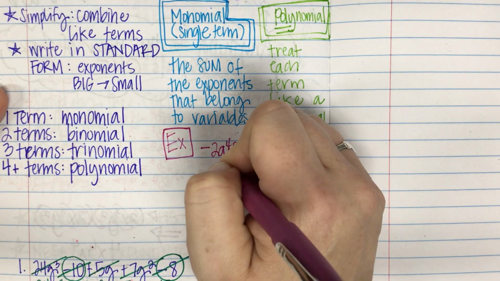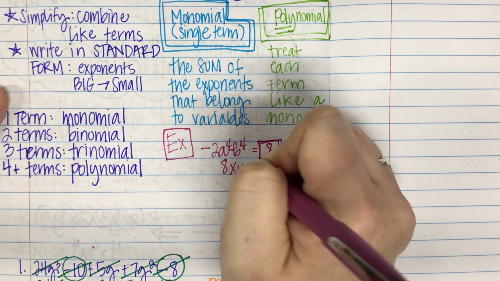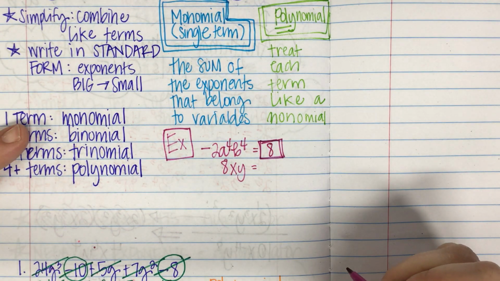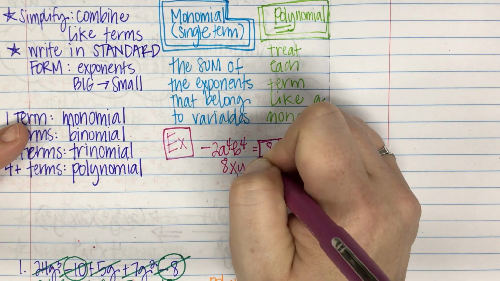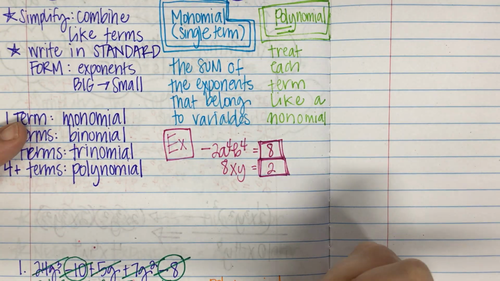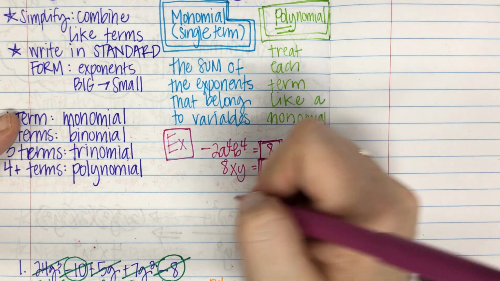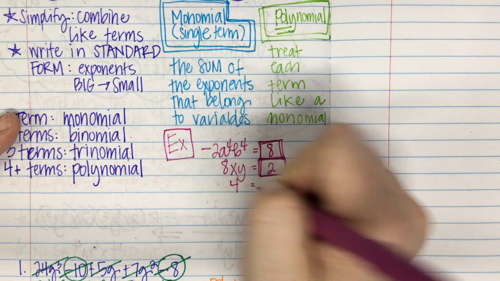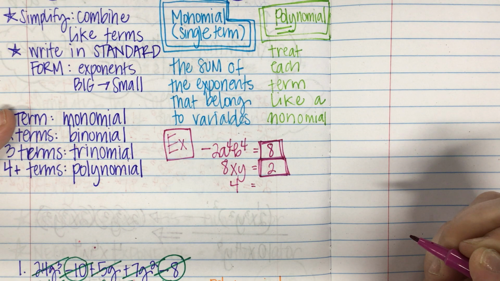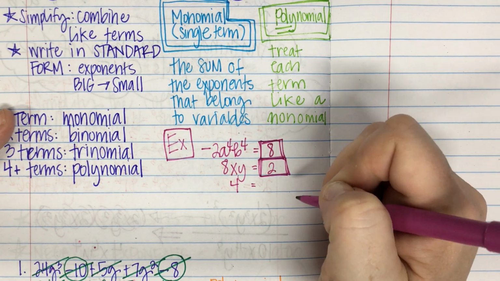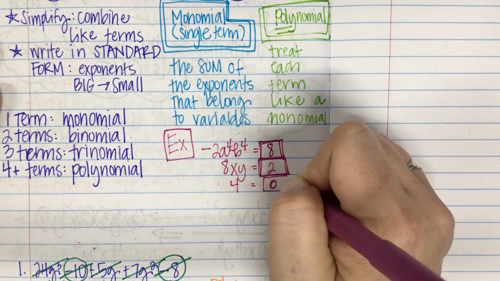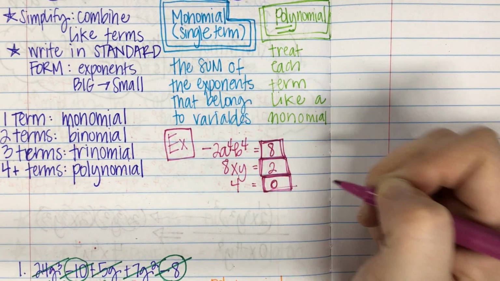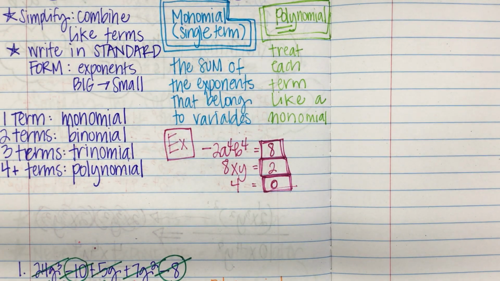If I had 8xy, what would I have? 2. If I had the number 4, what would I have? 1. Nope. 0, because there are 0 variables. There is a variable, it's just hiding. It has an exponent of 0, because anything to the power of 0 disappears and becomes the number 1.